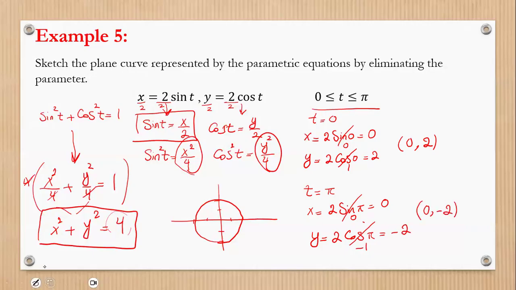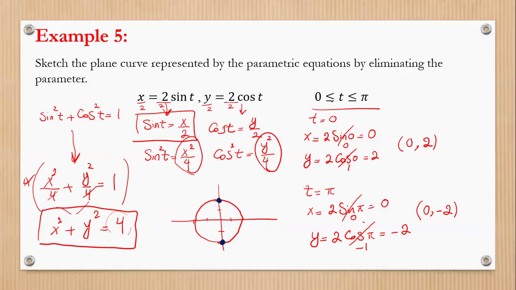So my first point is (0, 2). My second point is (0, -2). But which side? The right side or the left side?